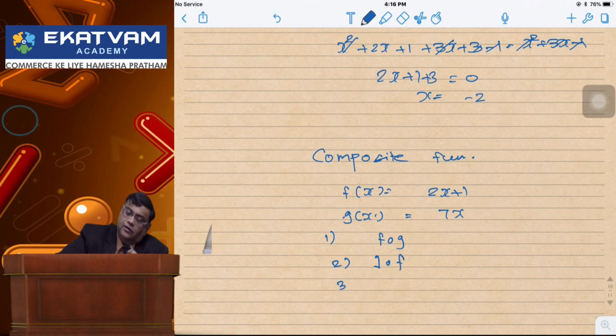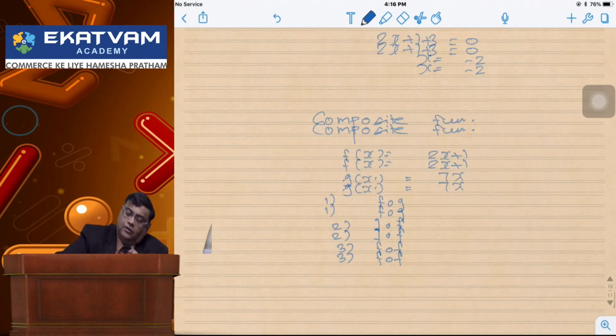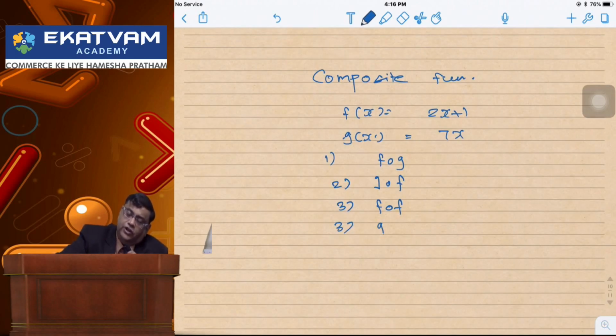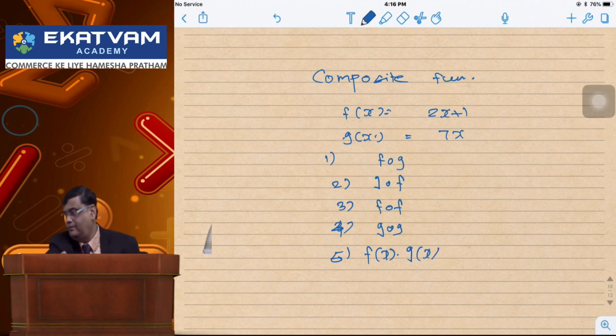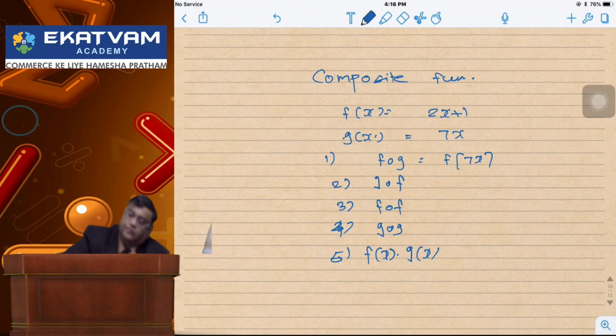They can ask anything: f of f, then g of g, and then I ask you what is f(x) into g(x). Now there is a difference between these. Tell me, how will it go? f(g(x)) will be f(7x), because you have to put back the value of g(x). Then 2 into 7x plus 1, correct? So that is 14x + 1. Check and confirm.